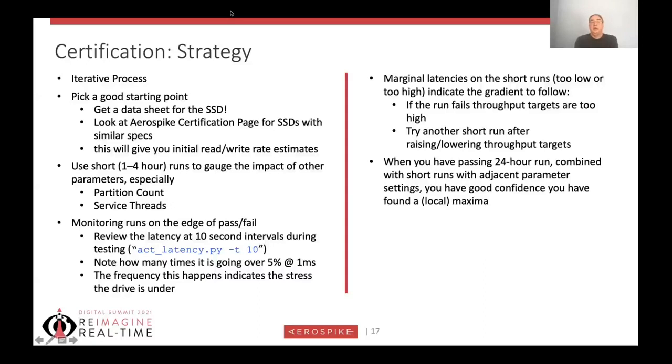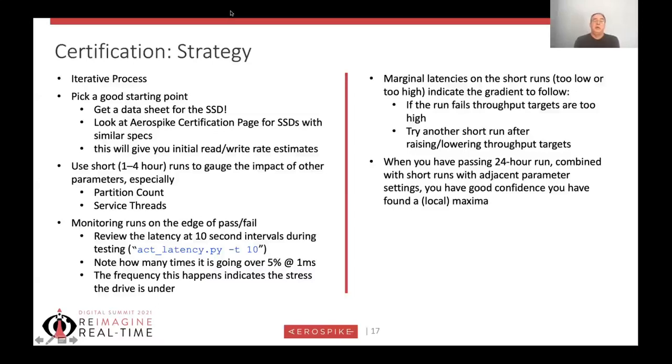You do want to pay particular attention to runs that are on the edge of passing or failing. And one of the best ways to do that is when you generate the report, instead of having the slices be hourly, make them at 10-second intervals. You will get a lot more slices, but you can look at things that would be averaged out.